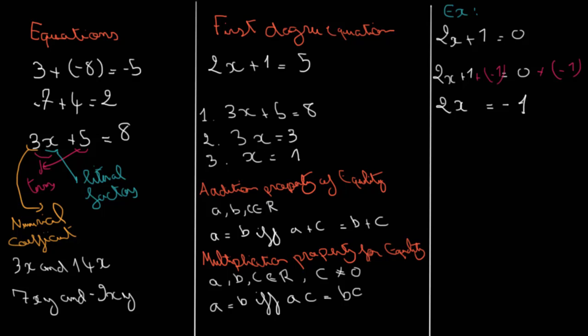Of course, it's 1/2. So if I multiply 2x by 1/2, and the same on the right, minus 1 multiplied by 1/2, this is what we did.